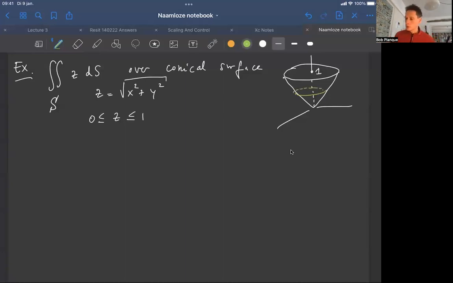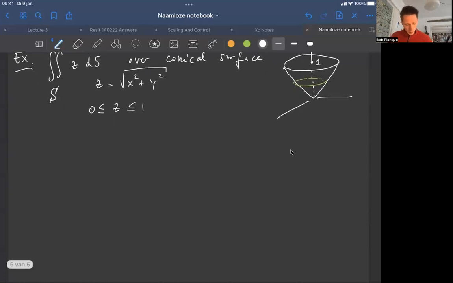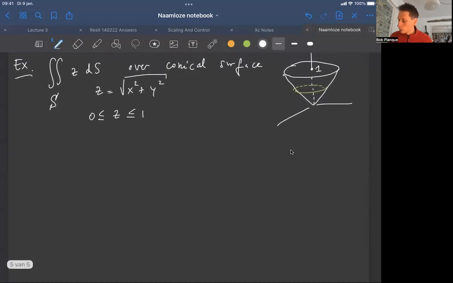And if I now change z, I trace out this cone. Okay, and I'm actually looking at the surface of this, right? It's not a volume. Maybe I should do this in a color. I'm not that sure that helps, but we're doing this over this surface as a 2D object and not as a filled object.